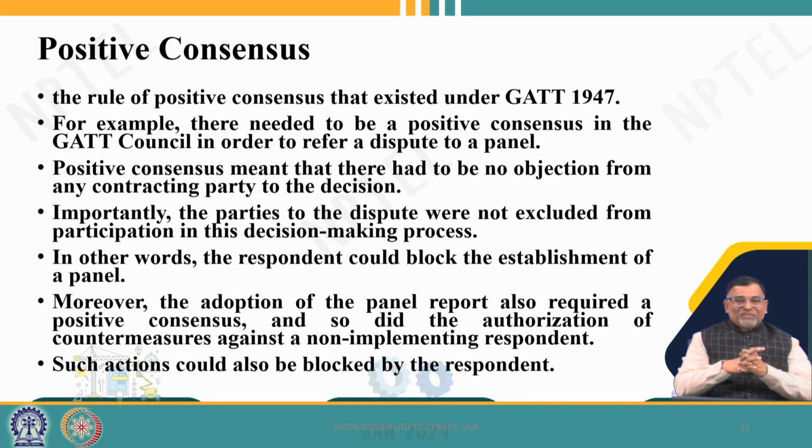That means the panel will come out with the report, it will be submitted to the GATT council, and every member has to agree to this particular report. So, this is the positive consensus. It means there should not be any objection from any member, including the parties.